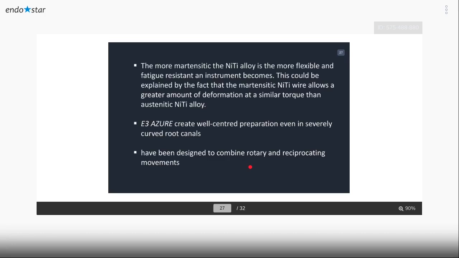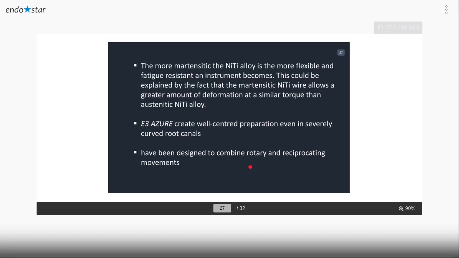When you remove it from the canal, checking the file during your operation is one of the most important points during your treatment, because it will give you an idea about what's going on and when to discard the file. In case of E3, not to discard, just to clean and sterilize and not use it right now, because when you sterilize it, it will return back again to the original shape.